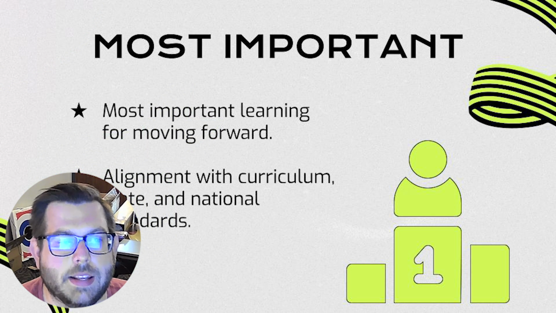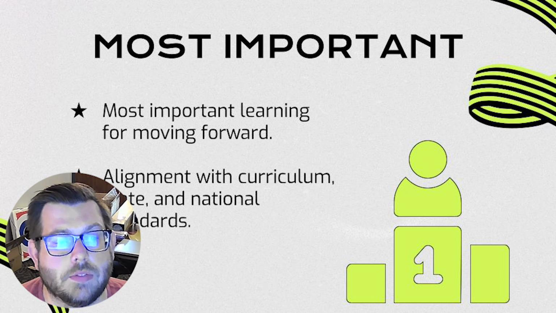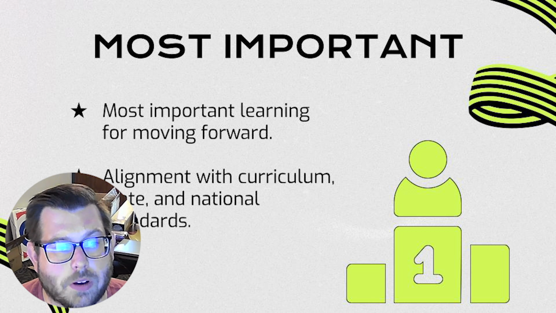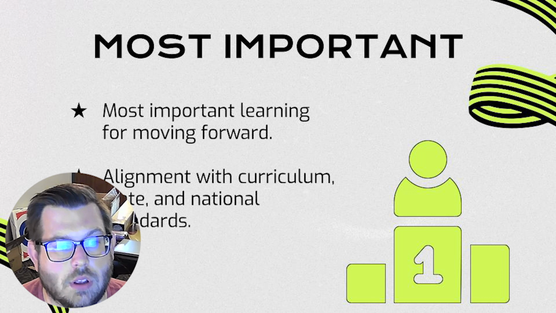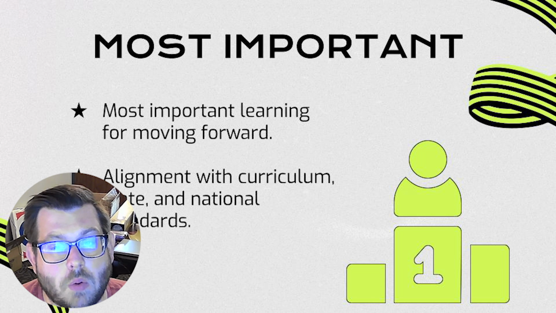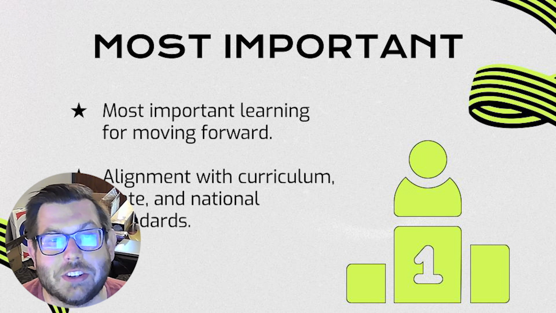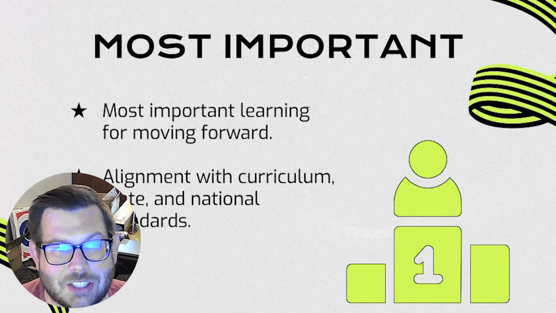And then finally, it needs to be most important. An effective objective focuses on what's most important at this point in your students' path to higher education. So we would hope that that aligns to the school and district curriculum, the state and national standards.